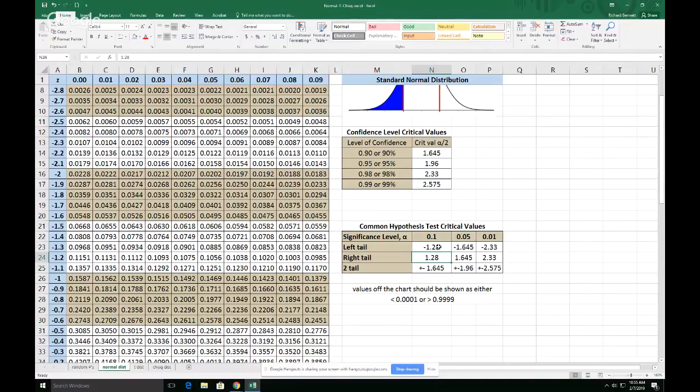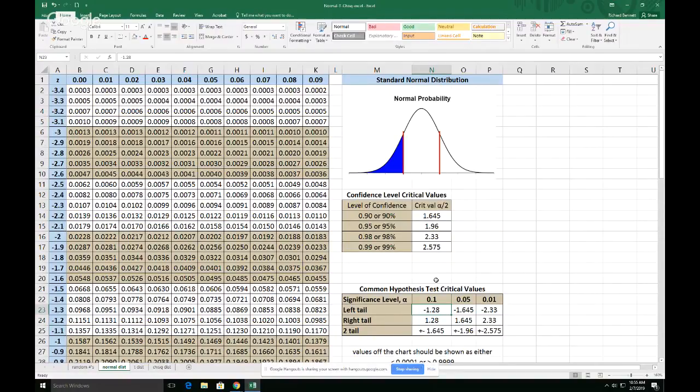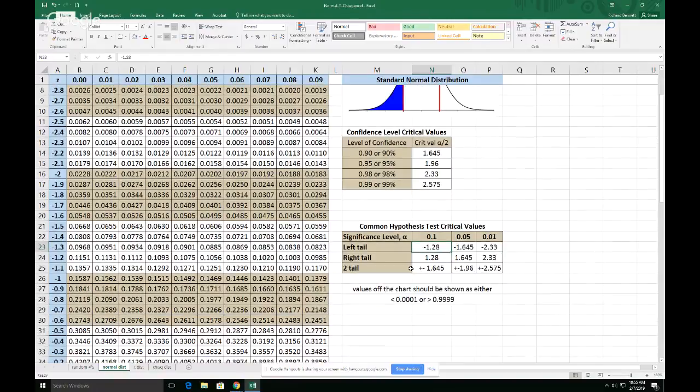If you want 10% on the left, it's negative 1.28. So those are common. But what if you wanted to score in the top 25%? Now we're going to do the same thing, but with Suzette's score on the ACT. We want to be in the top 25%.